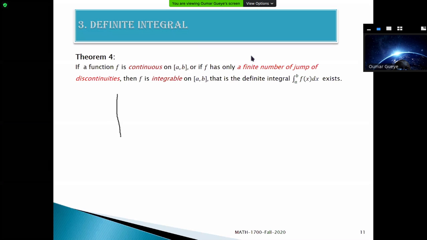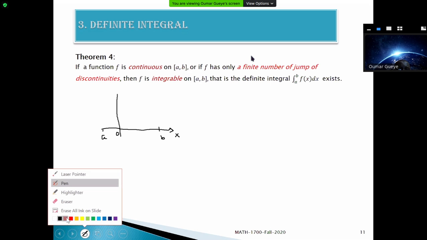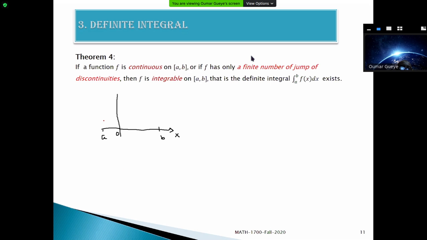For continuity, it means you can sketch the graph without skipping any point over the interval that you consider. So if I consider this interval [a, b], and in this interval my function is continuous, it means I can sketch my curve without skipping any point in the interval.